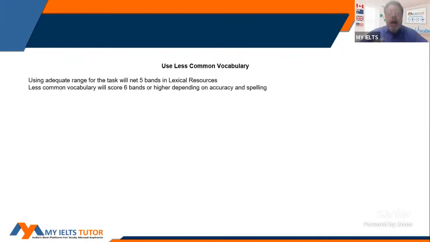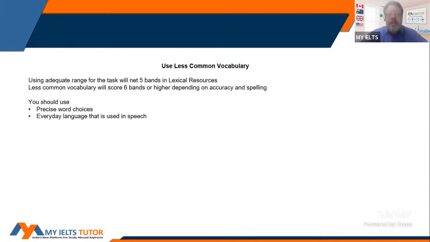Now, how high depends on your accuracy in using the word and spelling. So that's important. Now, you should use precise word choices, meaning there's no question about the meaning.